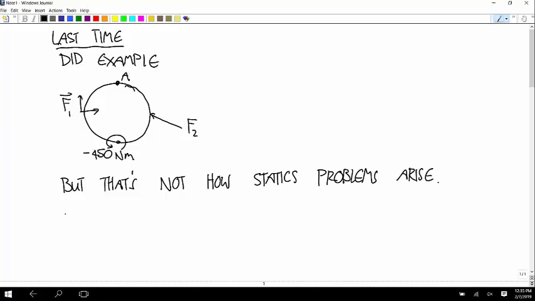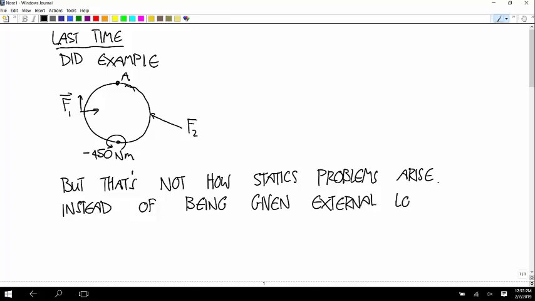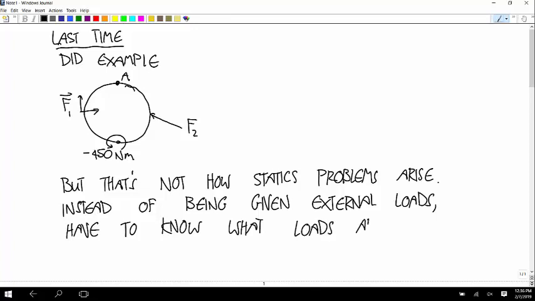Instead of being given external loads, we're going to have to know what loads are applied to a body by a given joint.